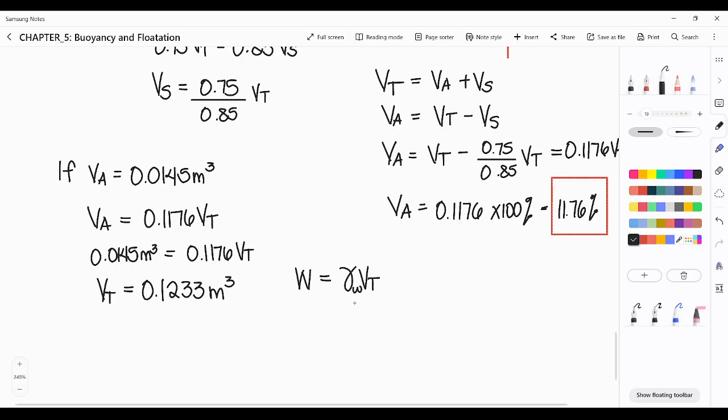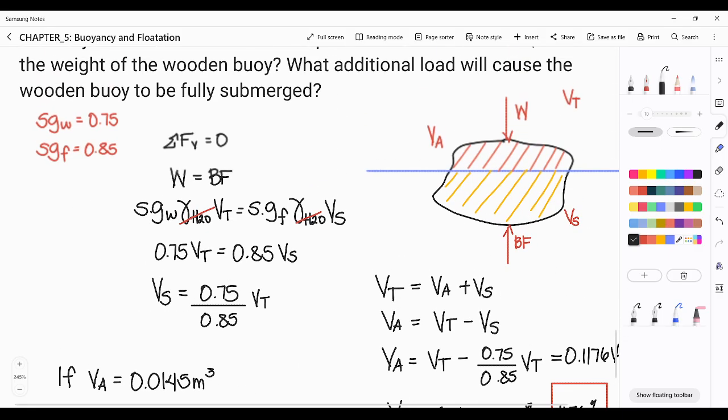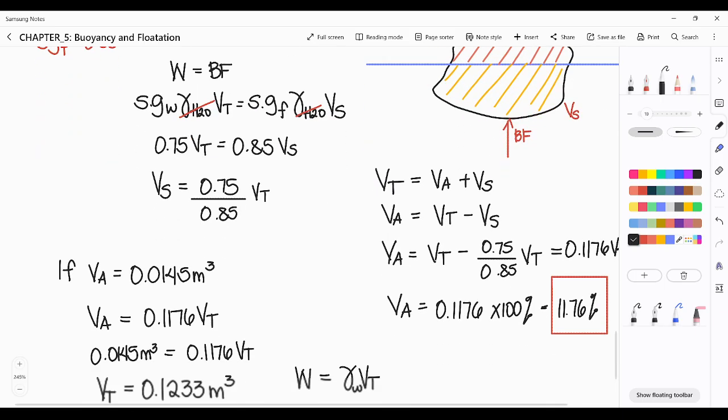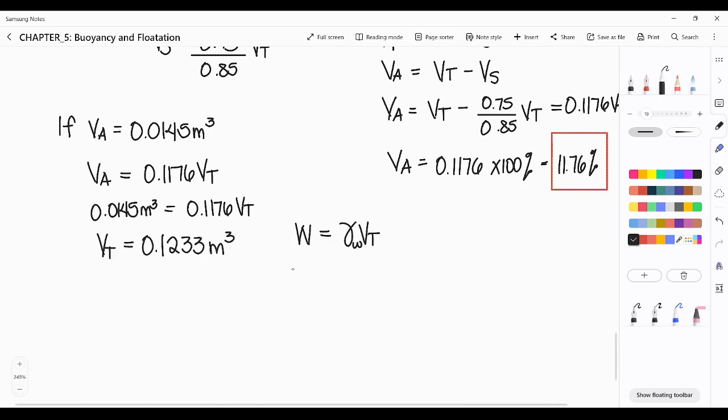This is weight, gamma ng ating wooden buoy. So, given yung SG ng wood ng buoy natin, 0.75. So, salpak na lang. The weight is equal to, ang gamma ng wooden buoy is 0.75 times 9.81, gamma of water, kilonewtons per cubic meters. And the total volume na nakuha natin kanina, 0.1233 cubic meters.